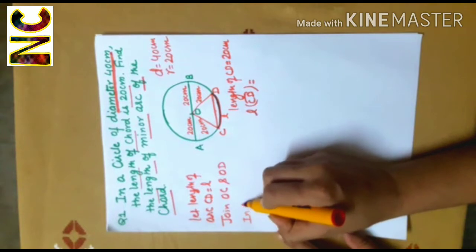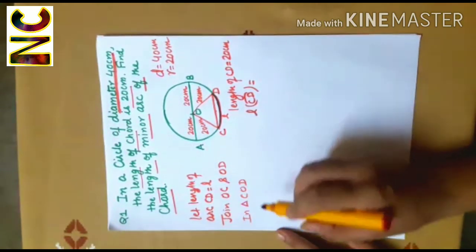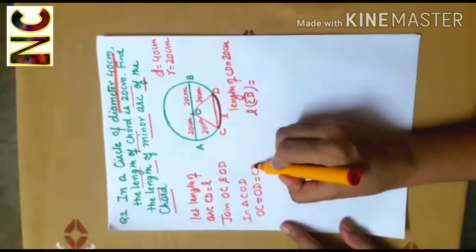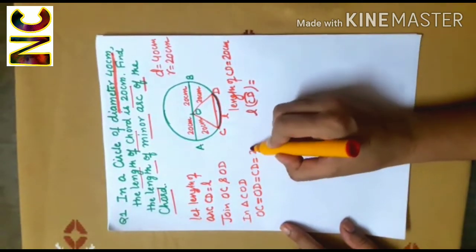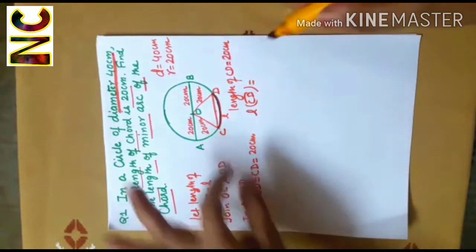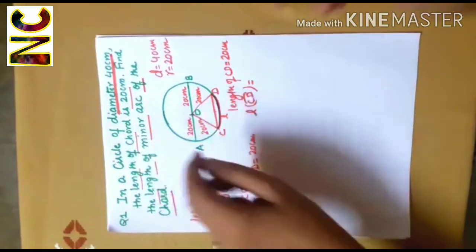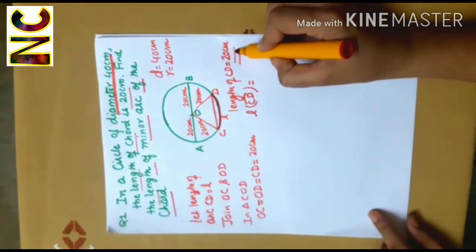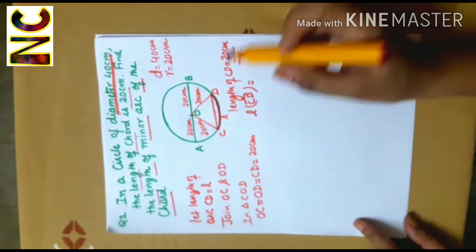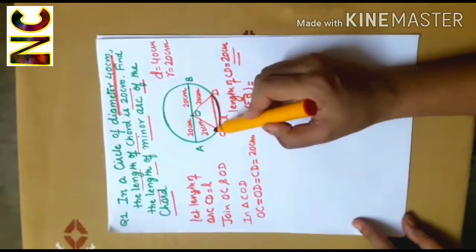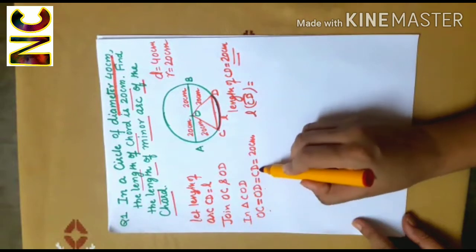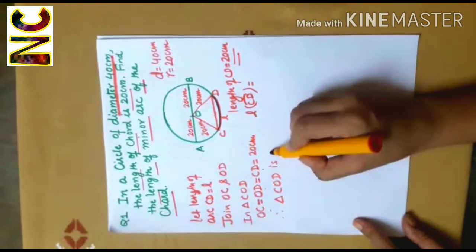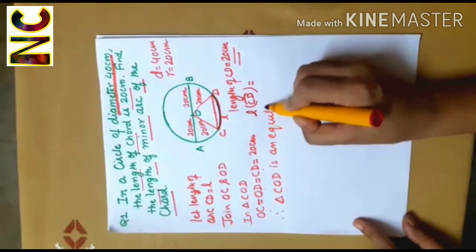Now in triangle COD, OC is equal to OD is equal to CD, 20 centimeter. These two are the radii and CD is a chord whose length is given to be 20 centimeter according to the question.